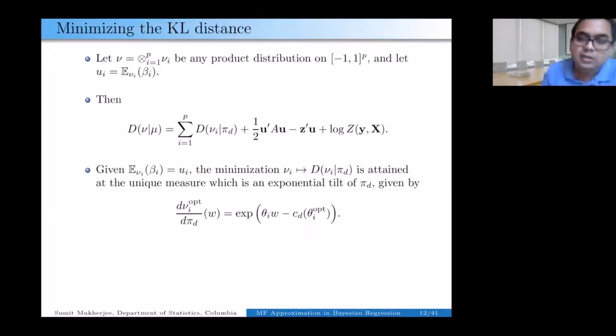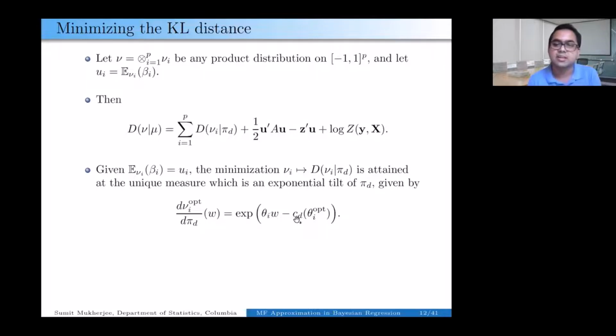So it's better. I'm minimizing the Kullback-Leibler divergence of a one-dimensional probability distribution of this form, and I know the mean. I've constrained the mean. So it's well known that there's a unique minimizer for this problem, which is just an exponential tilt of this base measure pi. So the optimal nu has a density of this form.